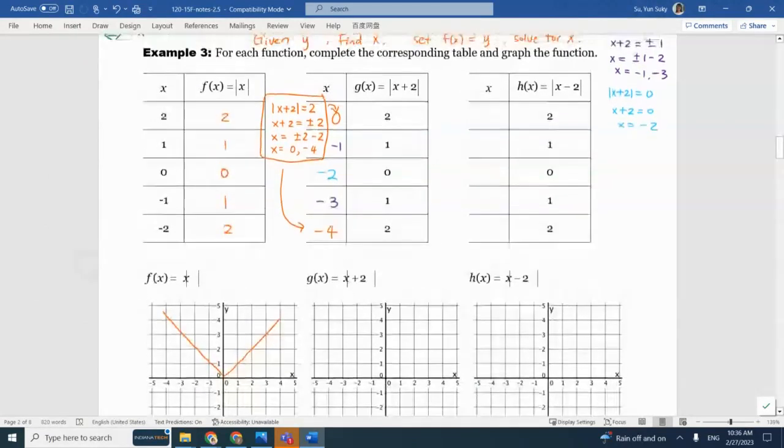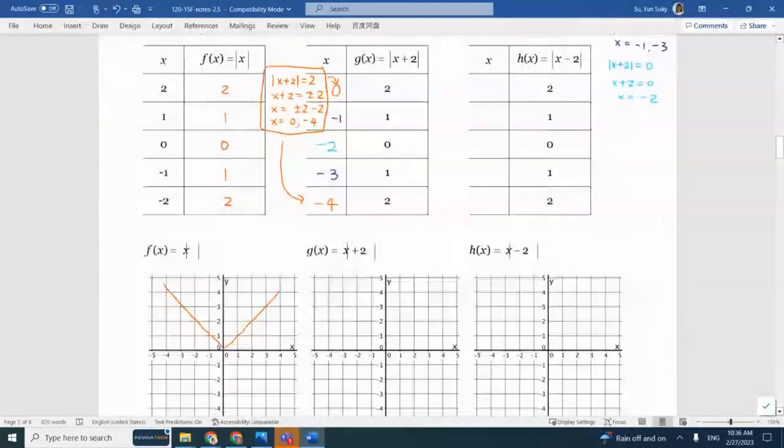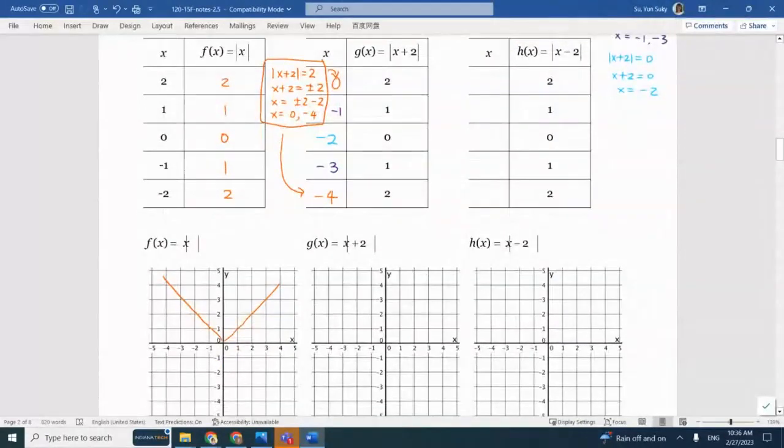Okay, let's plug those points. So we plug in x is what? X is 0, the y is 2. So x is 0, the y is 2. We have this point. And x is -1, the y is 1.